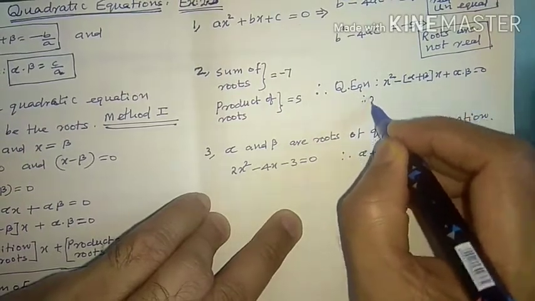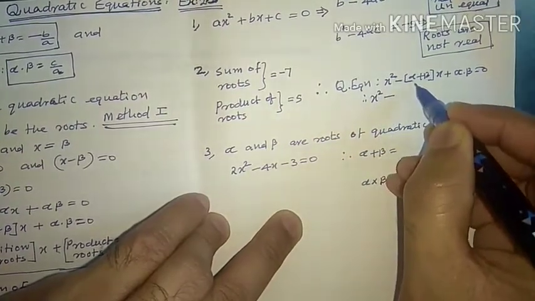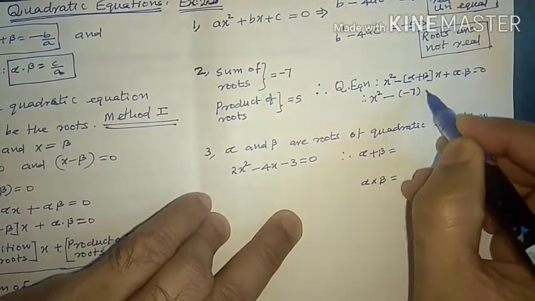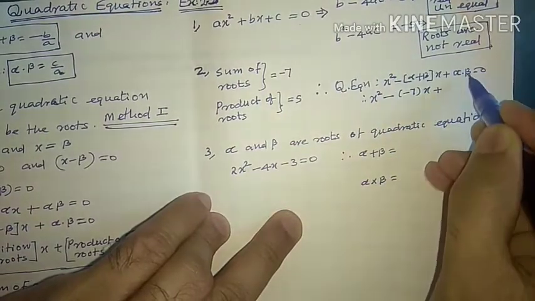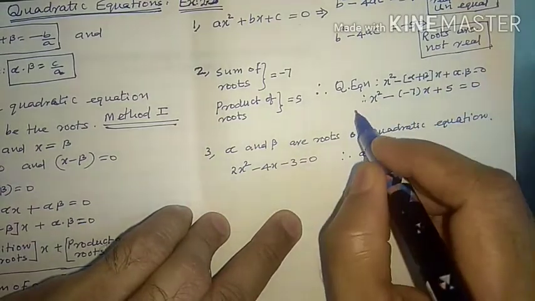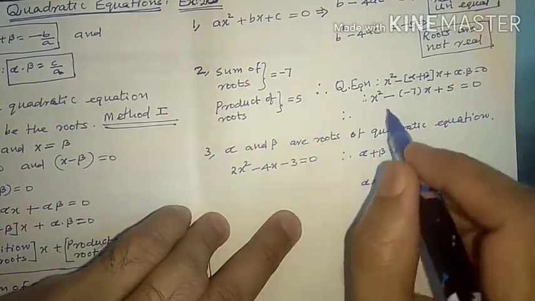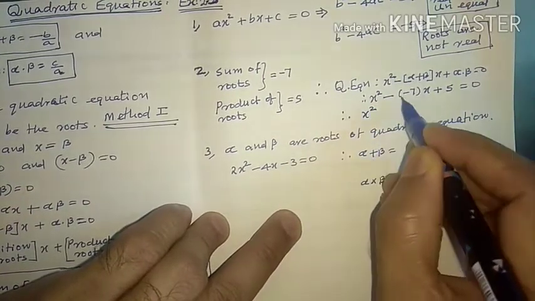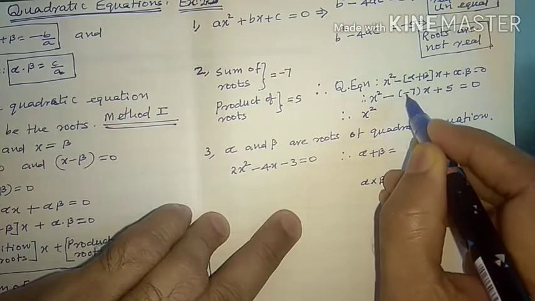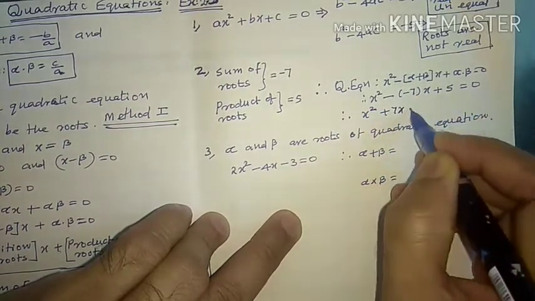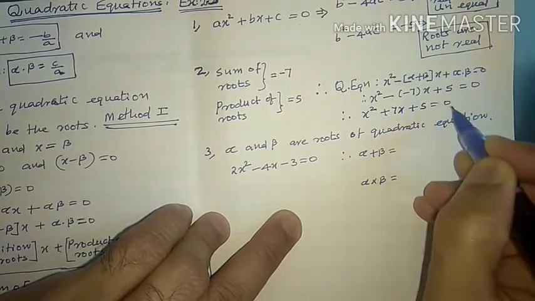Therefore, x square minus sum of roots, which is minus 7, into x plus product of roots, which is plus 5, equal to 0. Therefore, the required quadratic equation is x square, minus into minus plus 7x plus 5 equal to 0.